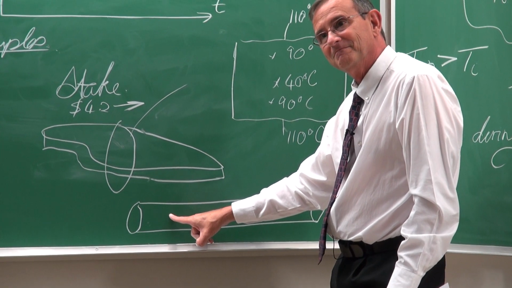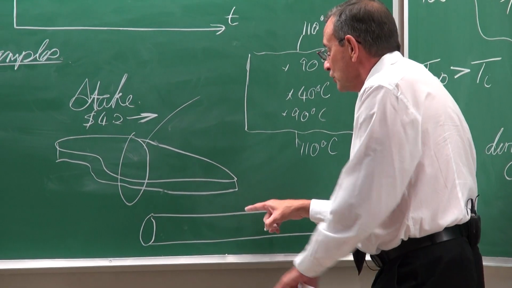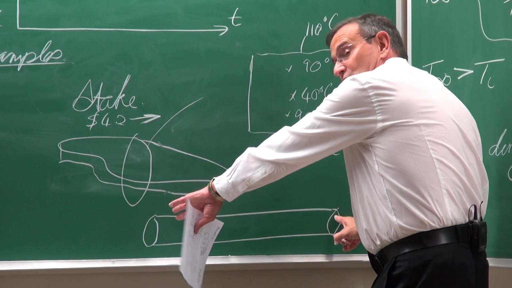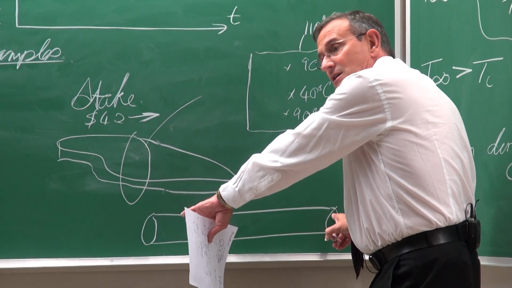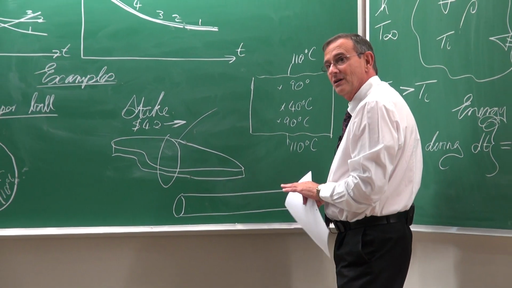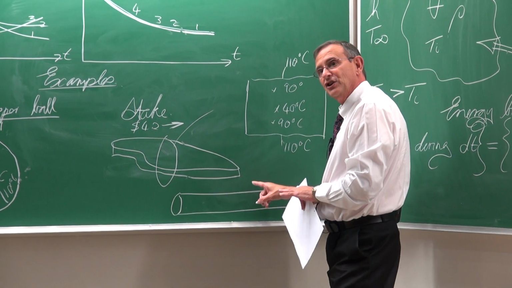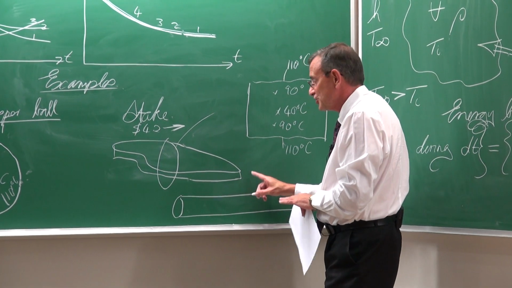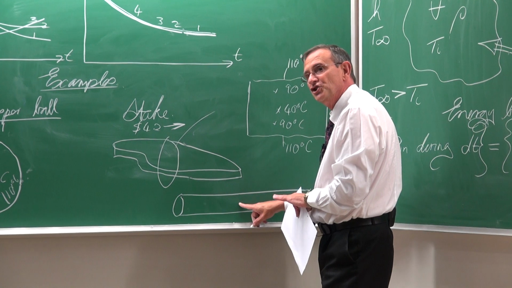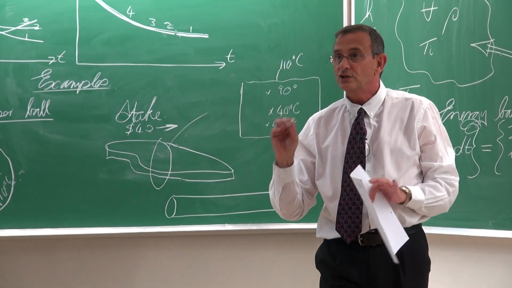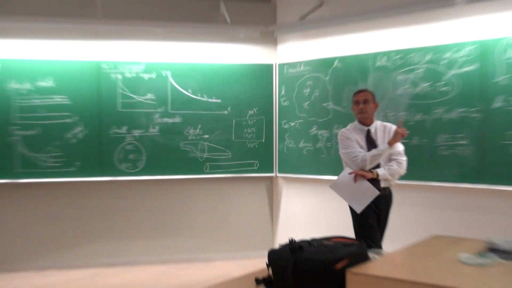Okay. And if you make it 2 times longer, the characteristic length is going to change. But you'll see in the solution, it's actually a 2-dimensional solution, and you should actually just use another one, not this one.